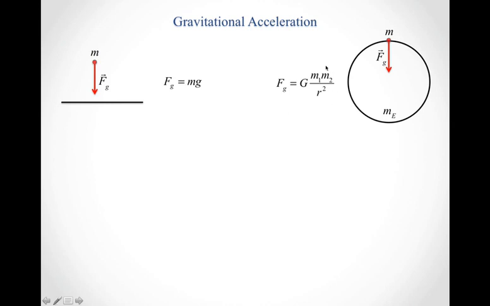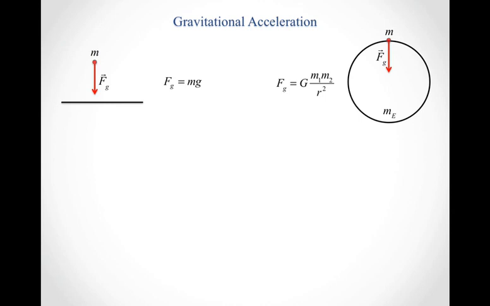Now we've got to be a little bit careful here, because the universal law of gravitation is really describing the gravitational interaction between two point masses. And clearly the Earth is not a point mass in this problem. But as long as we're outside the surface of the Earth, we can act like all of the mass of the Earth is located at the Earth's center of mass.